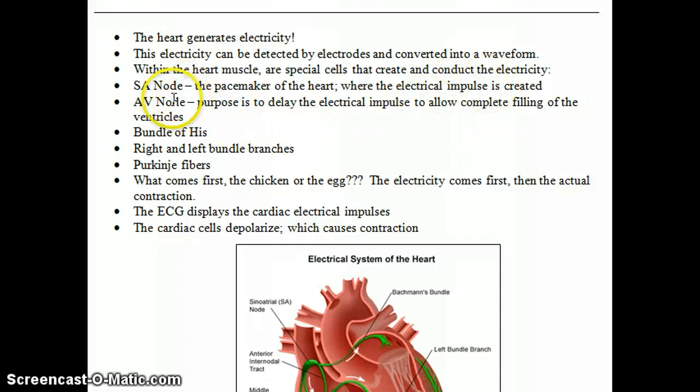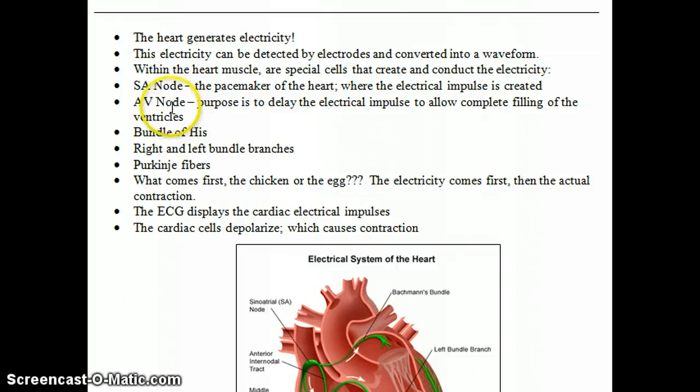That impulse then travels to the AV node. So again, the AV node is just another clump of cells that's located, again, in the right atrium. And its purpose is to delay the electrical impulse to allow the ventricles to completely fill with blood, because the atria contract and finish filling the ventricles with blood, and so the AV node's purpose is to delay that electrical impulse.